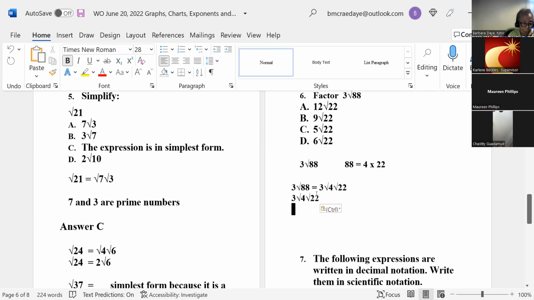Let's copy it: 3 times the square root of 4 times the square root of 22. The square root of 4 is 2, so let's put parentheses 2. And what's 3 times 2, Maureen? 6. So 6 times the square root of 22.